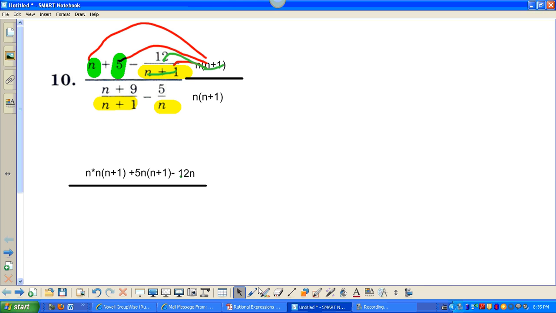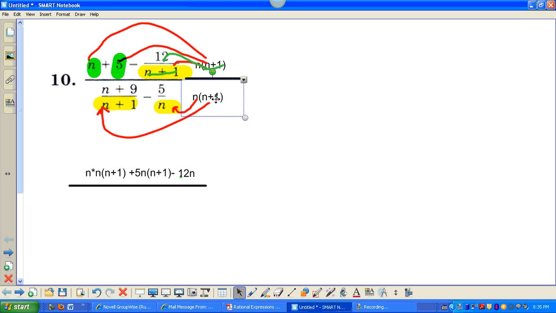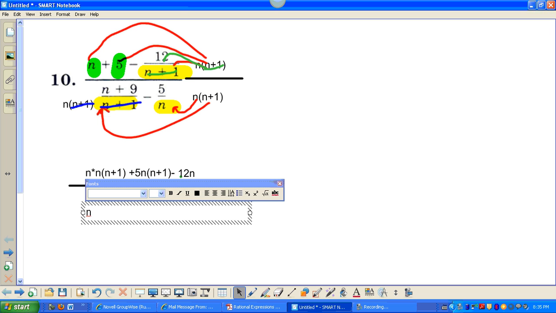Okay, in the denominator, I'm going to do the same thing. I'm going to take the n plus 1 and I have to distribute it to this term, and I have to distribute it to this term. Well, when you distribute it to the first term, the n plus 1s are going to be your common factor. I'm sorry, I'm losing my voice. And what you're left with is n times n plus 9.